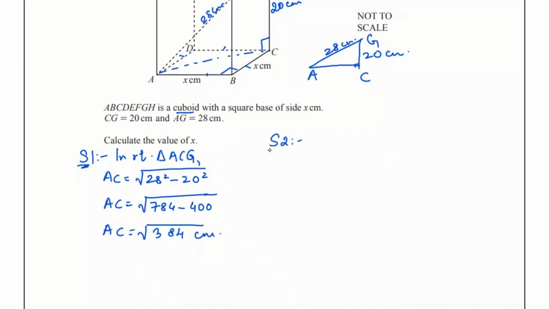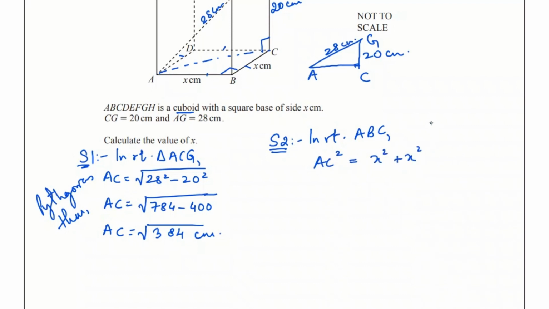So here we used Pythagoras theorem. Step 2, in right angle triangle ABC, AC square is equal to x square plus x square, again using Pythagoras theorem.